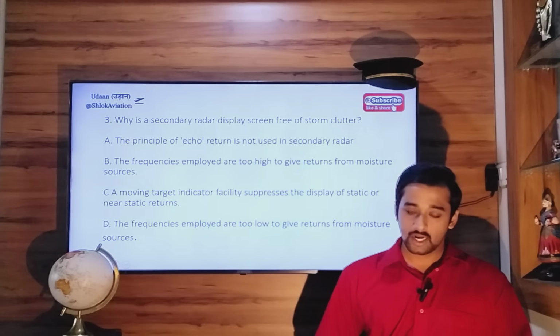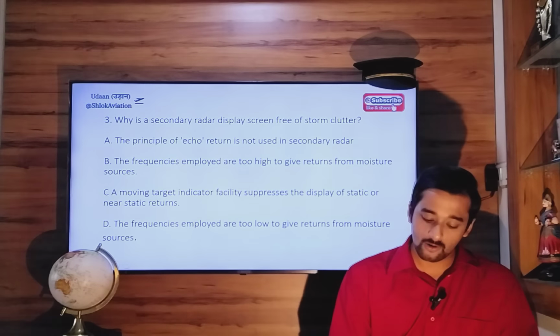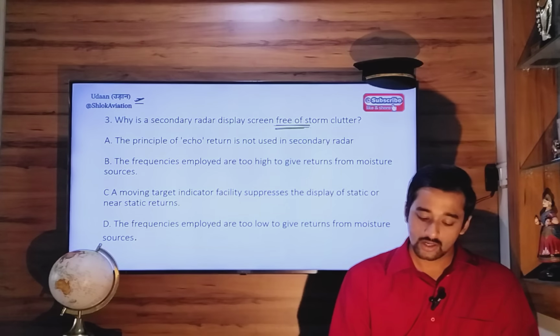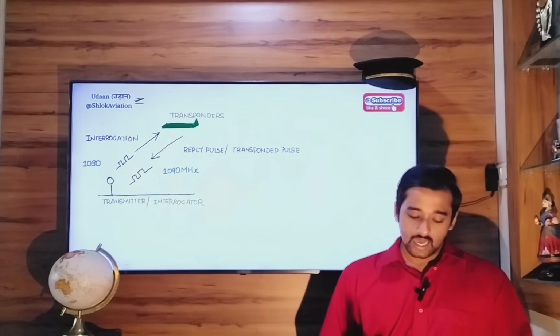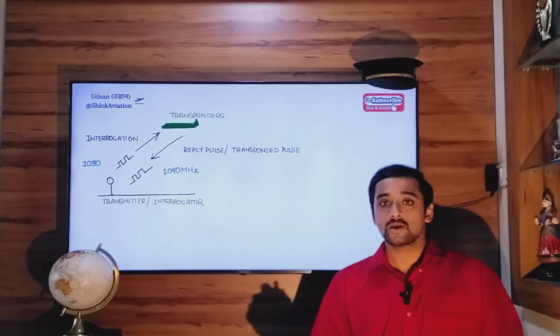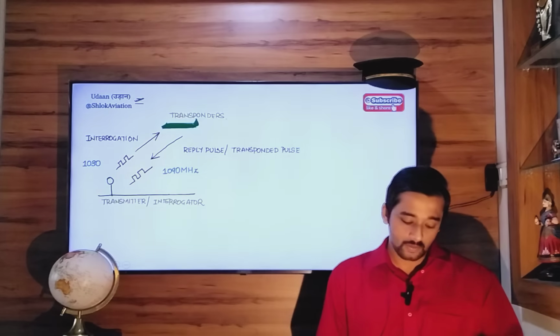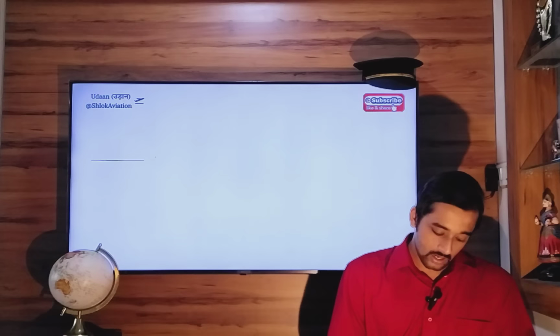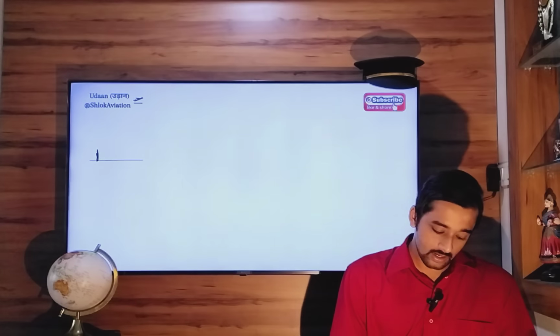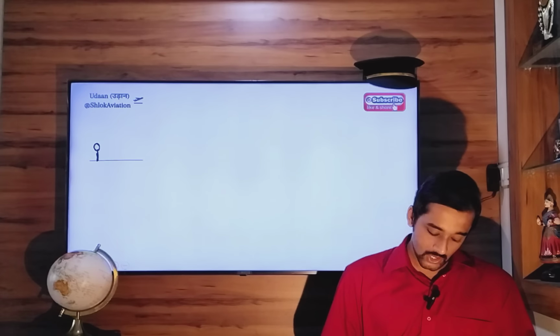Next, question 3. Why is the secondary radar display screen free of storm clutter? It is free of storm clutter because, as you can see, it does not use echo principle. What is echo principle? In case of primary radar, let's say this is your radar antenna, primary radar, and here is your aircraft.